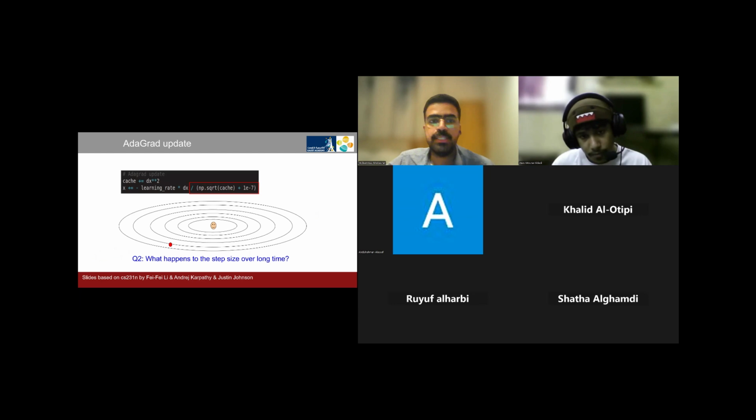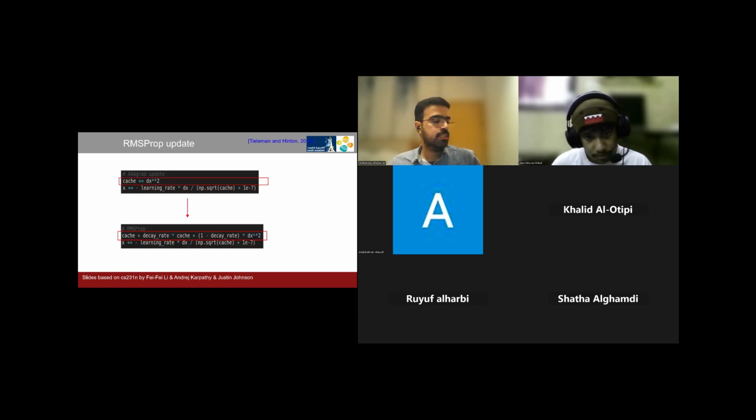Then we have another kind of optimizer, which is called the RMSprop optimizer, and it builds upon AdaGrad, where instead of just having the cache equal to the square of the gradient, we do a soft update of the cache, instead of doing the hard update.